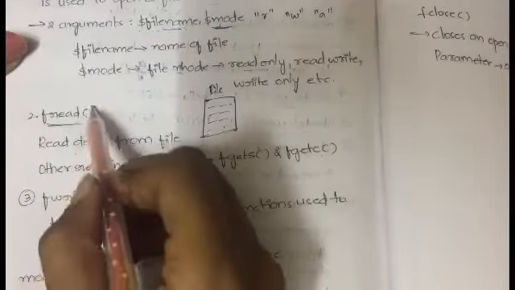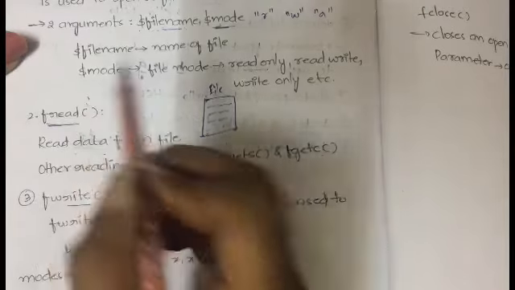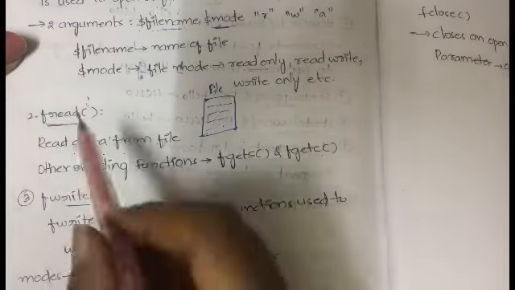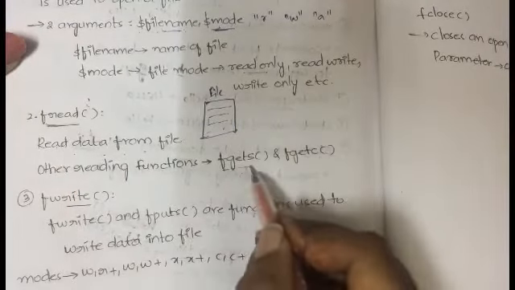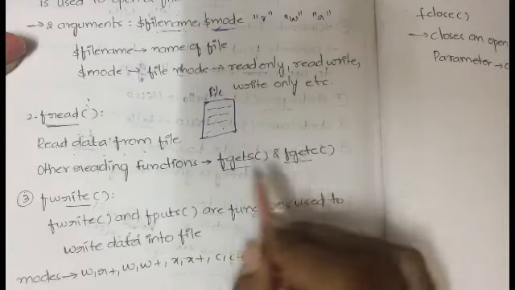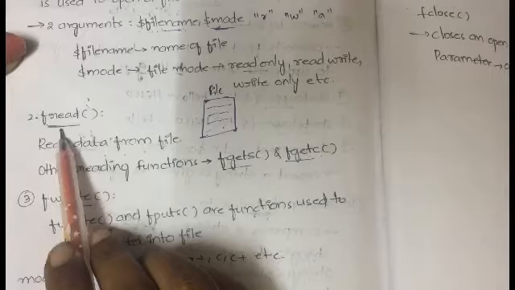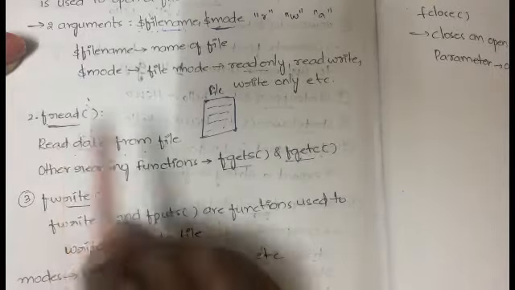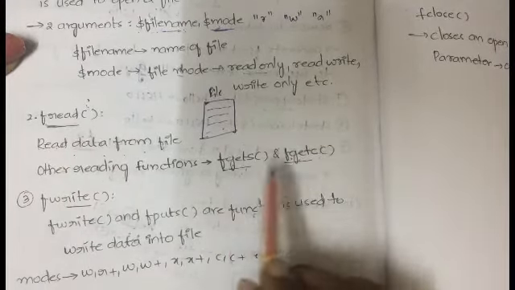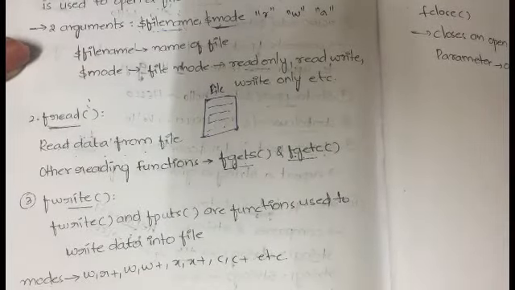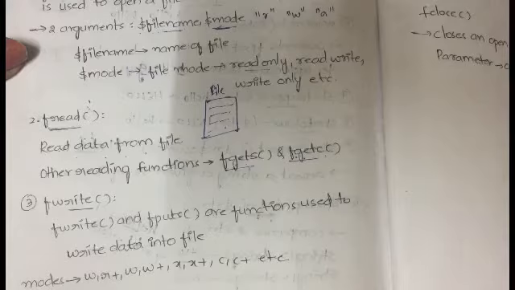You have to pass the file name as an argument, and you can read the data which is present in your file. Apart from fread, you can use the fgets and fgetc functions also to read the information from a file. These two functions are also used for reading information from a file, and the syntax will be the same as how we have written it for fopen.